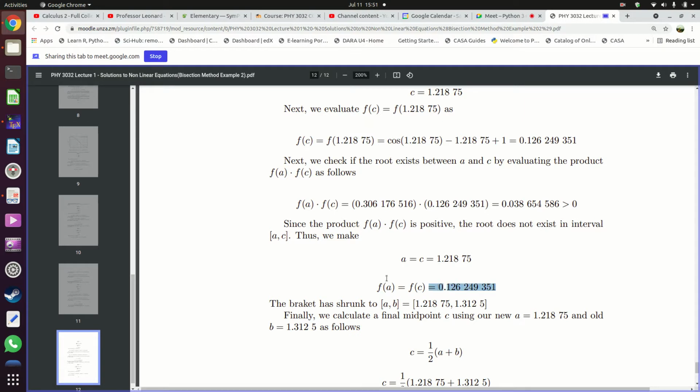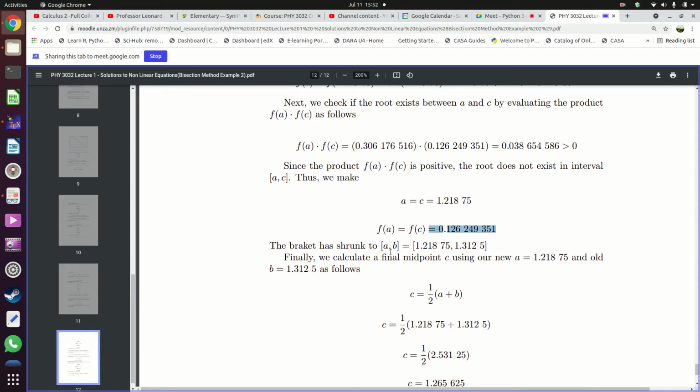With this, we now have our new bracket, which is 1.21875 and 1.3125. As you can see, I think our bracket is sufficiently small enough.